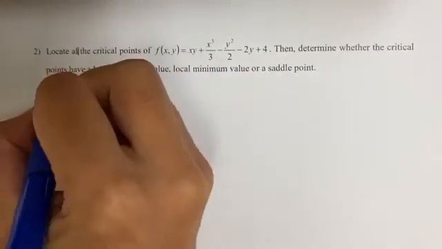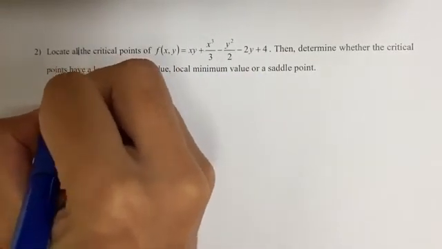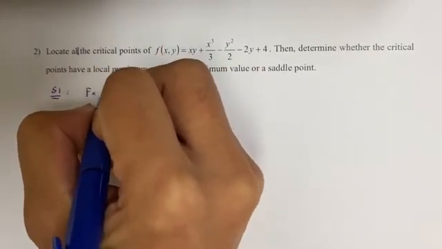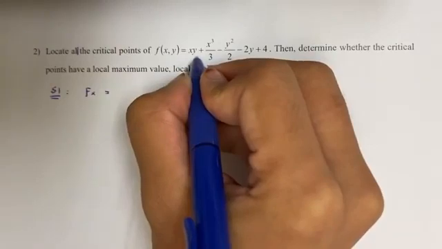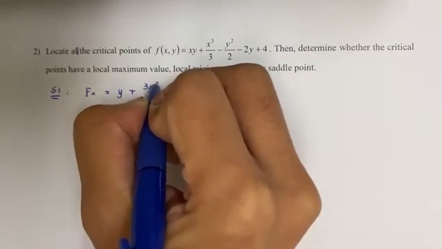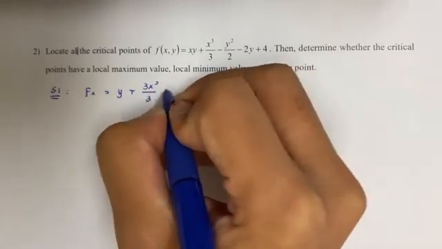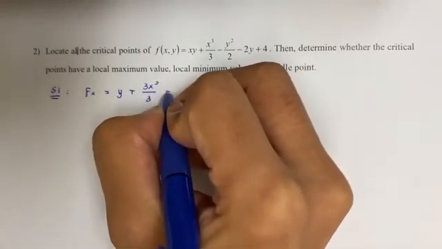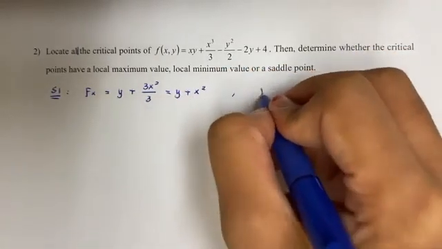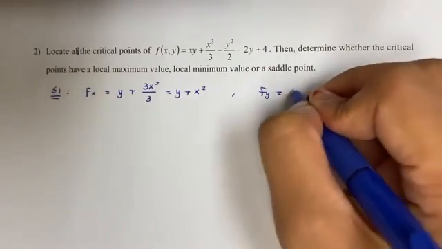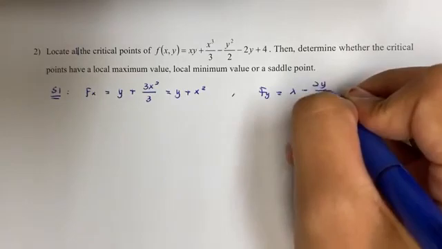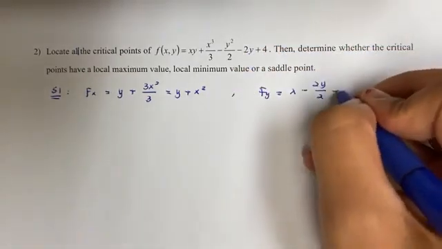Okay, let's start with the first step. First step is to find fx, which is basically equal to y plus 3x squared over 3. So this is equal to y plus x squared. Then find fy. Fy is x minus 2y over 2 minus 2.